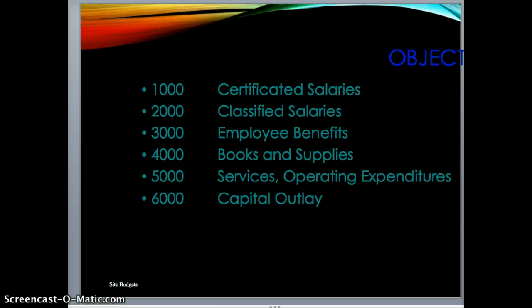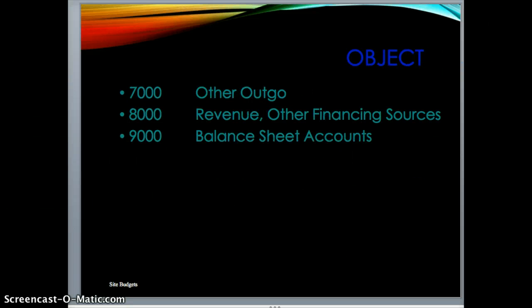So if you're buying supplies, they're going to be in the 4,000s. If you're going to hire a professional speaker to come do professional development, it'll be in the services under 5,000. Other outgo are other things that probably aren't going to affect you, but that gives you an idea. The 8,000s, which will affect you, are your revenue accounts.